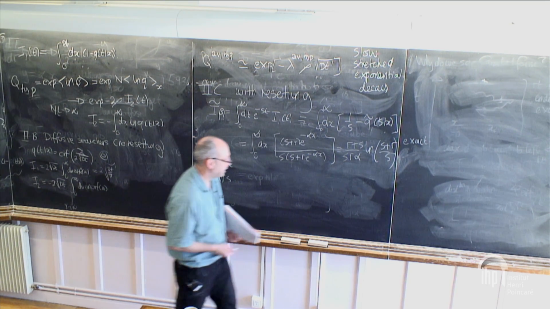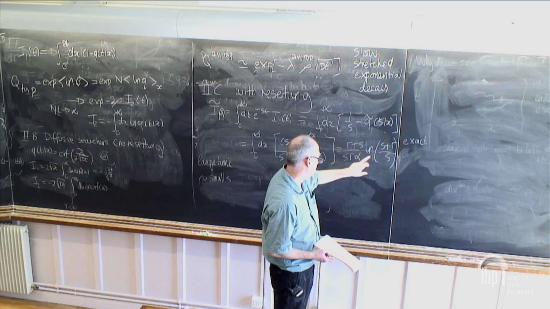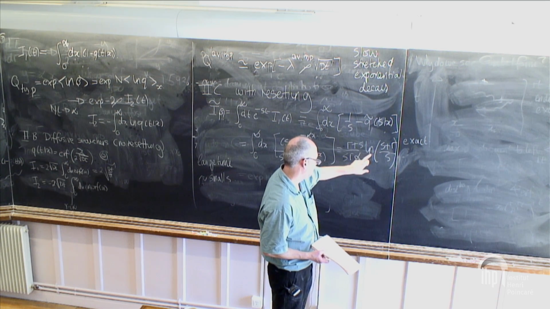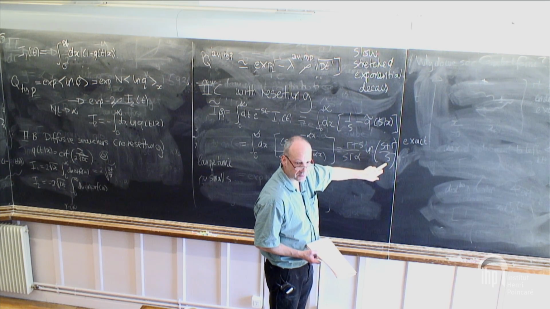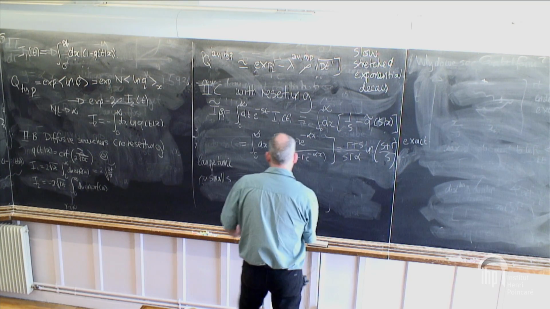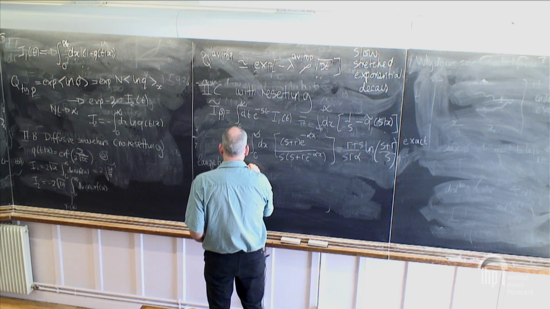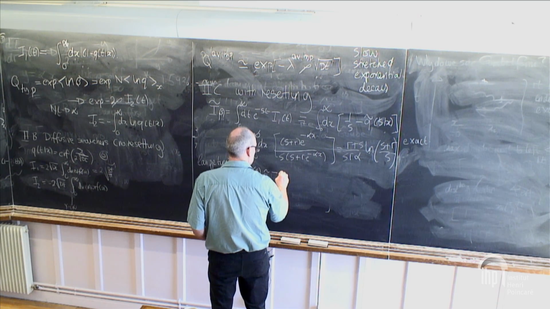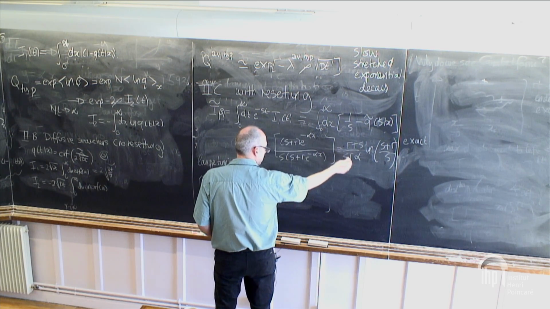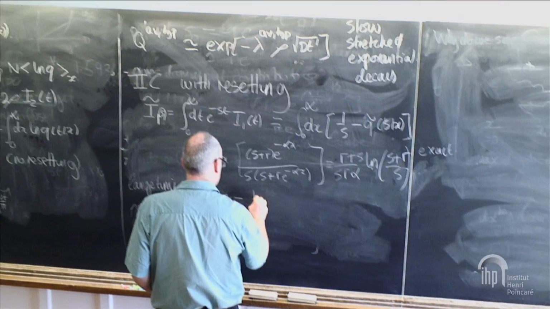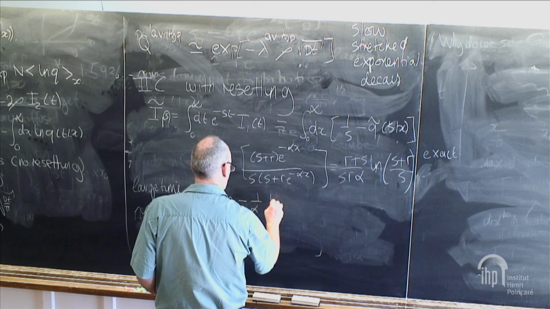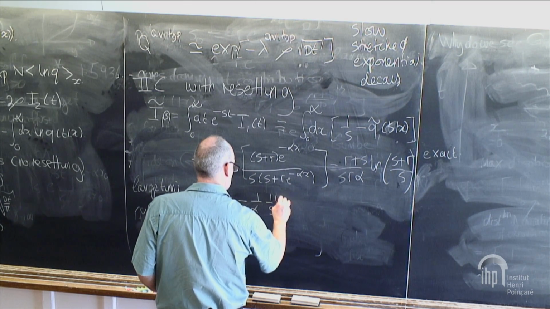And the leading small s behavior is actually going to come from 1 over s and then the log s here. So I'm going to get minus the 1 over s, I've got a minus 1 over alpha, 1 over s log s.